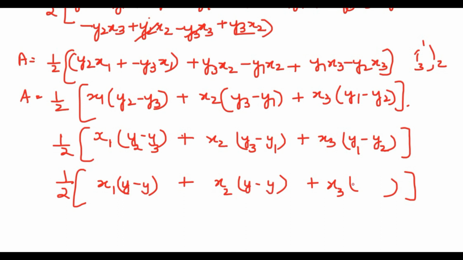So we can write like this. Then you can write 1, 2, 3. This is 2, 3, 1. Again 3, 2, 1. So this is the formula to find out area of triangle in the Cartesian plane when its vertices are given as x1, y1, x2, y2 and x3, y3.